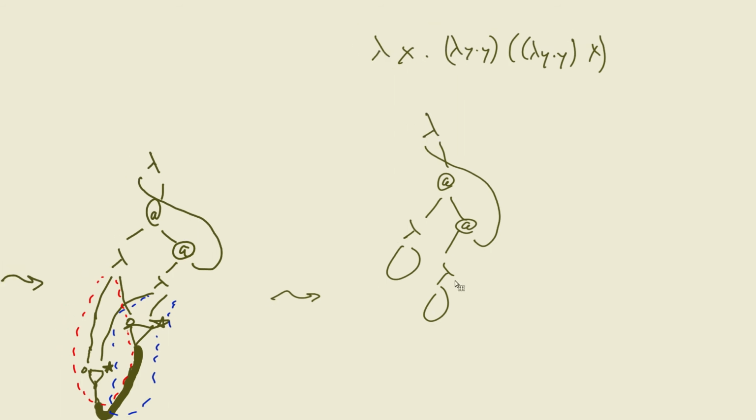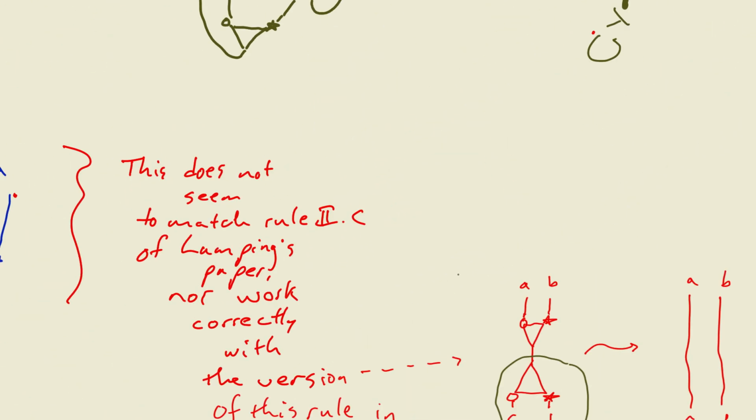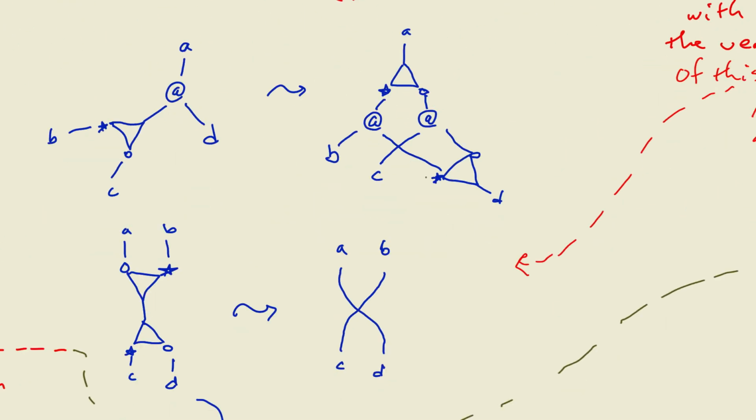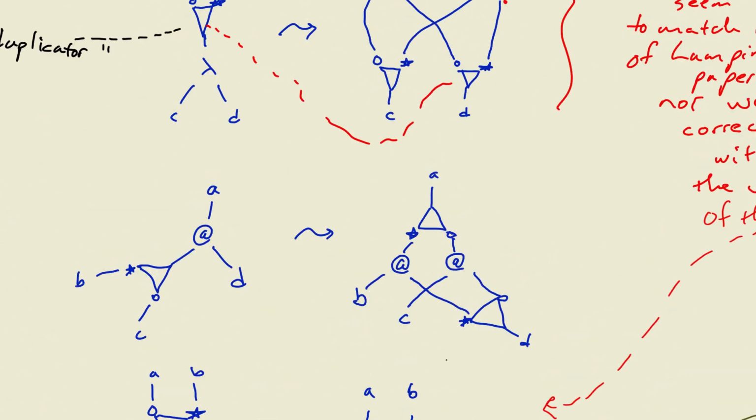But this one is easy. There's no sharing node. Okay, and there's one more reduction rule here in the simplified version of these graph rewriting rules, which is this one. This middle one about where you have a duplicator meeting an application.